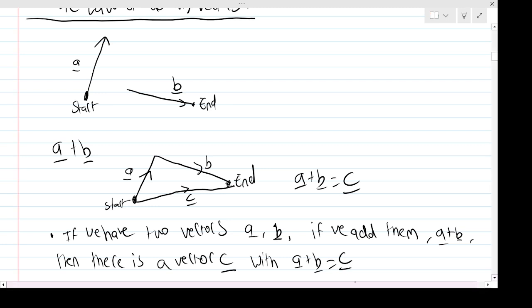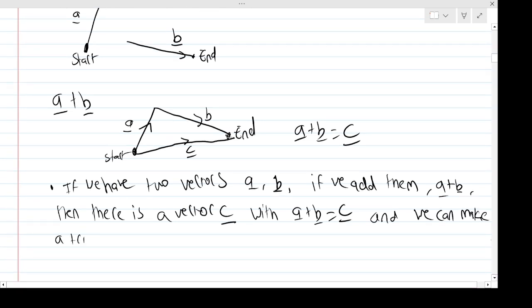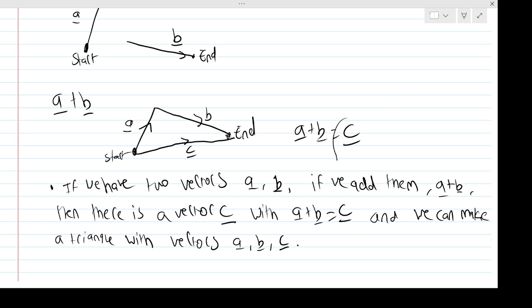Essentially we can make a triangle with vectors A, B, C. The whole essence is that if we have any two vectors, A and B, any two whatsoever, and we add them together in this way, that total gets me another vector C, which starts at the same point and ends at the end of the second vector. And that's the triangle law.